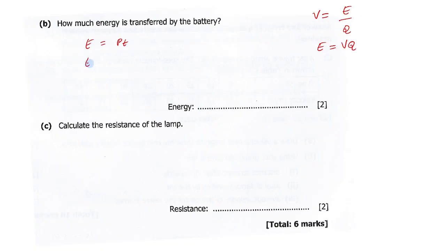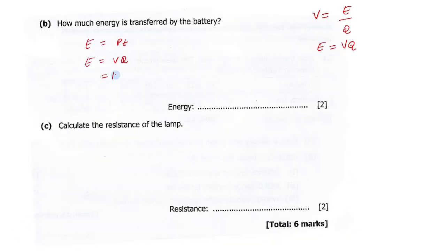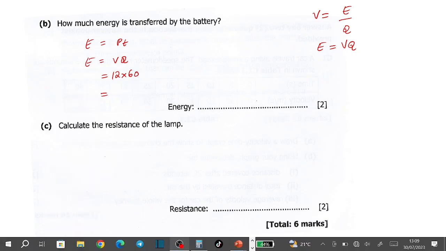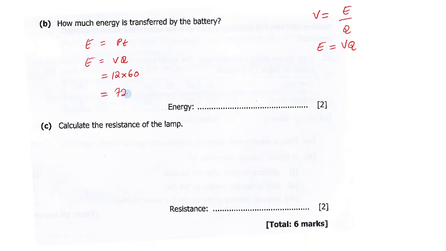Energy is voltage times charge, voltage is 12, and charge we found to be 60. So 12 times 60 is 720. So you write 720 joules.